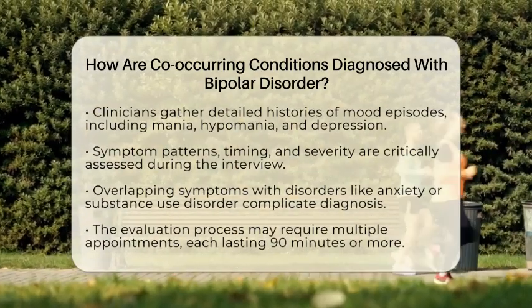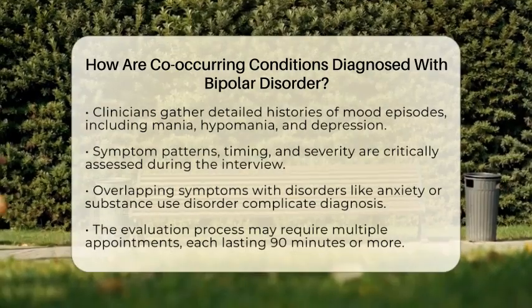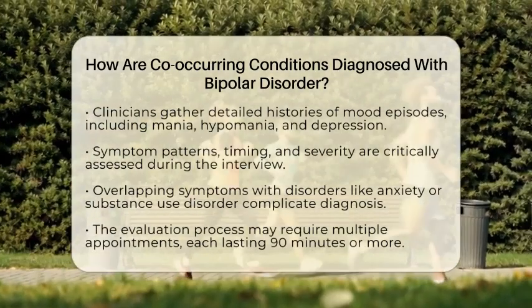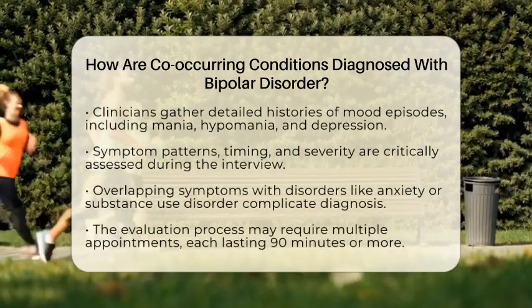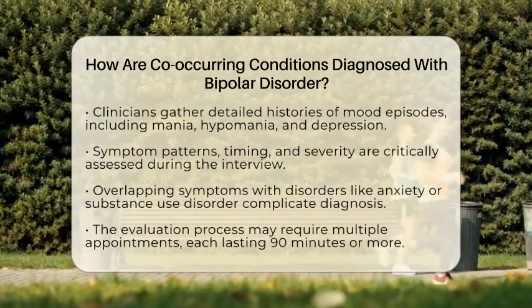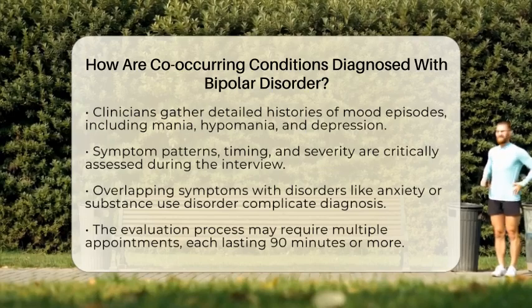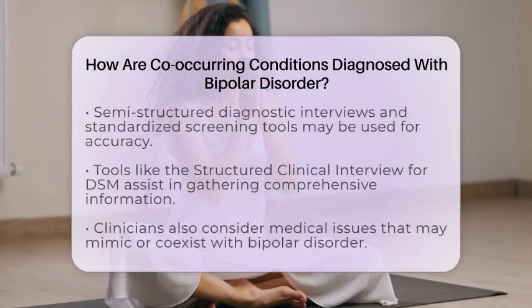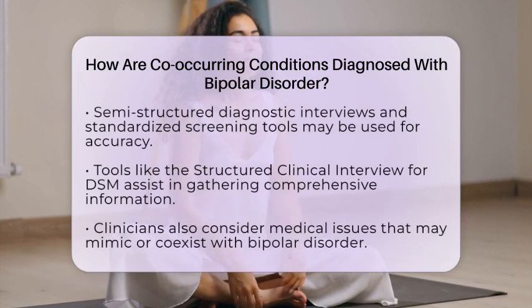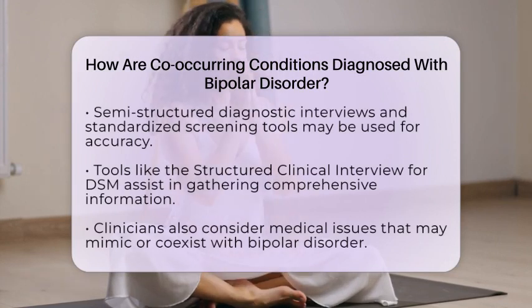To enhance diagnostic accuracy, semi-structured diagnostic interviews and standardized screening tools may be utilized. Tools like the Structured Clinical Interview for DSM-5, or the Composite International Diagnostic Interview-Based Screening Scale help in gathering comprehensive information but are not standalone diagnostic tools.